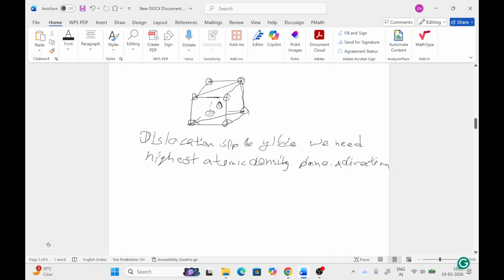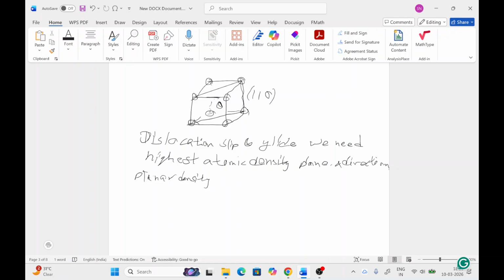So if we consider which plane will give the highest atomic density, the planar density of this plane. This plane is generally the 110 plane.